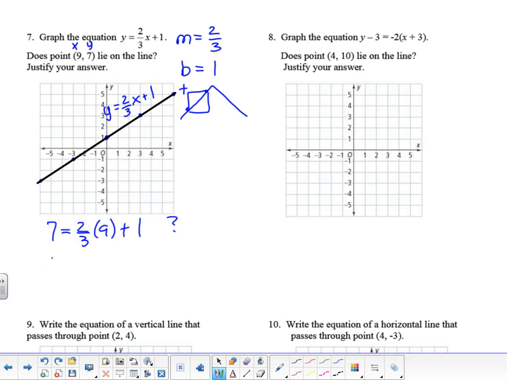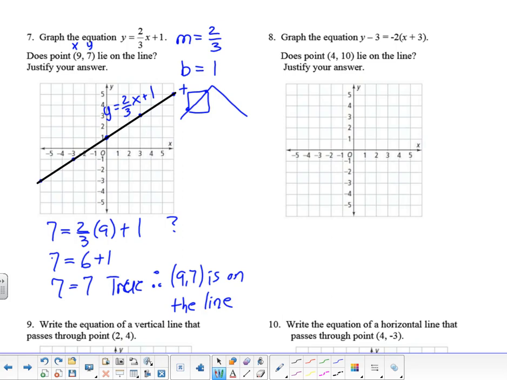Is this true or not? 2/3 of 9 is 6 plus 1. 7 equals 7. So that's true. So therefore, 9, 7 is on the line. So we can check that algebraically to see if it's a solution or if it lies on the line here.